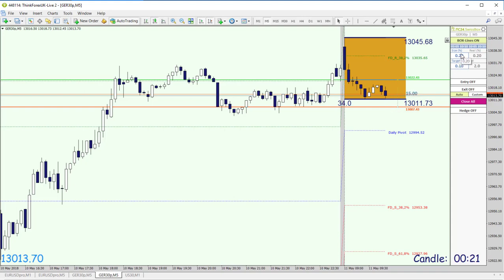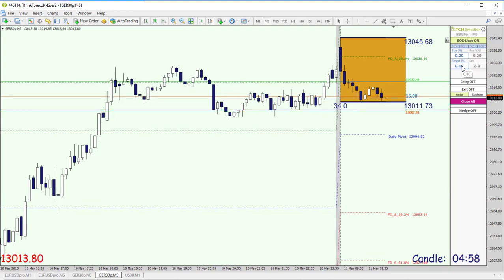My size is calculated automatically by the Swiss Box Helper, considering my balance and the distance between both pending orders, which for the DAX is usually 15 points. And our target is 0.1%. Both parameters are adjustable.